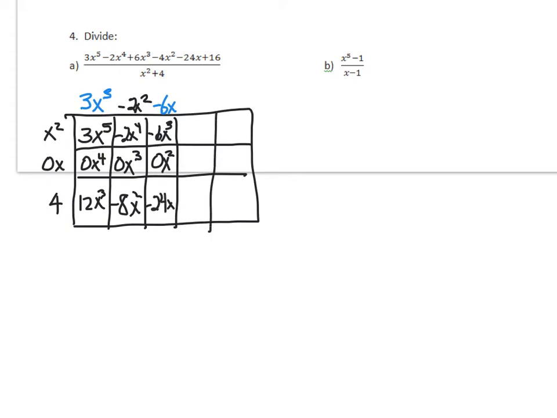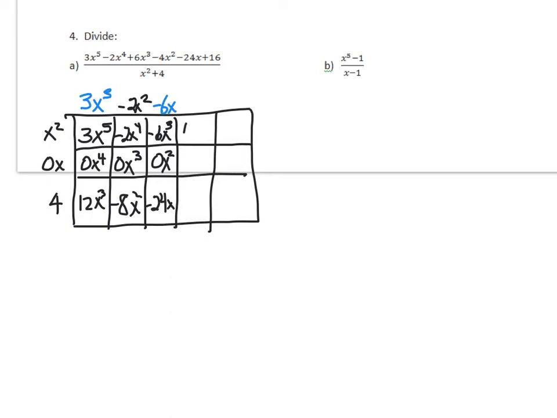Make your next column. Here's my x squared diagonal. The x squared diagonal has to add to negative 4x squared. I've got negative 8x squared and 0x squared. So think about what has to go in that spot right there so that the total is negative 4x squared.